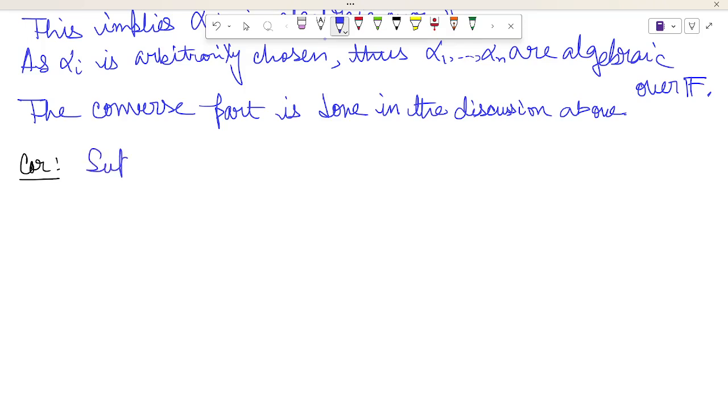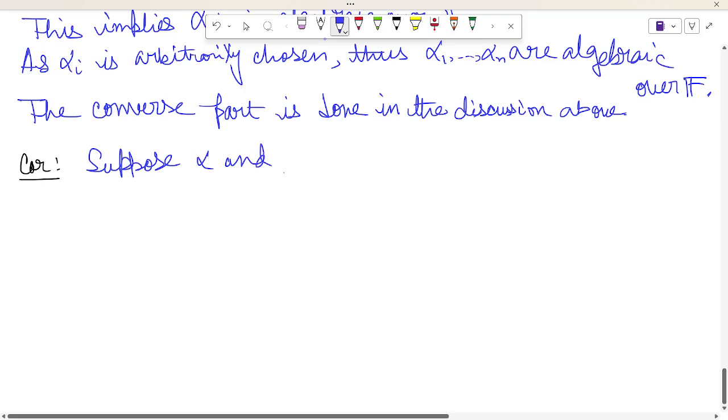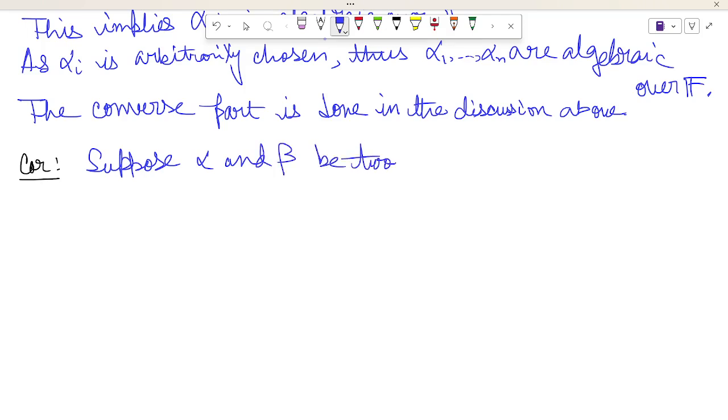What I am trying to say is that suppose alpha and beta are two algebraic elements.